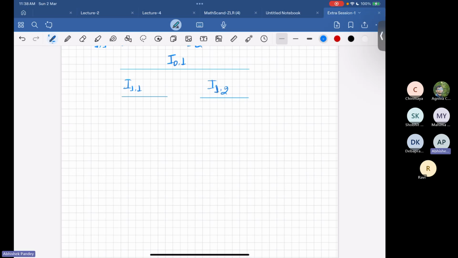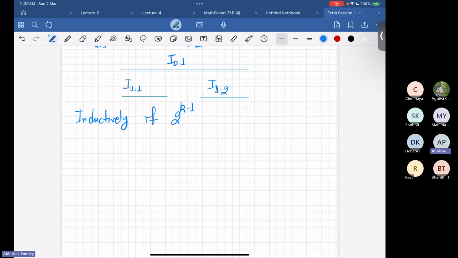If we continue this process inductively, just observe that at the 0 stage we have one interval, at the first stage we have two intervals, at the second stage we will have four intervals, and at the third stage we will have 2 to the power 3 intervals, and so on.